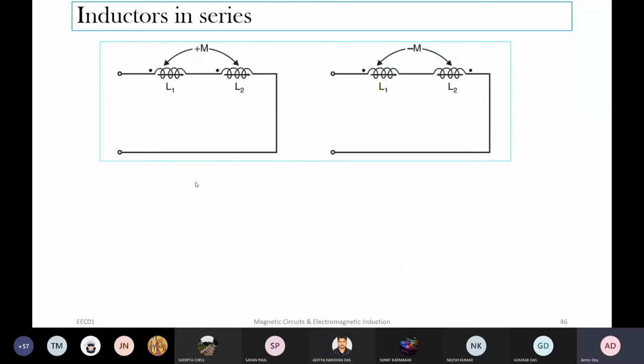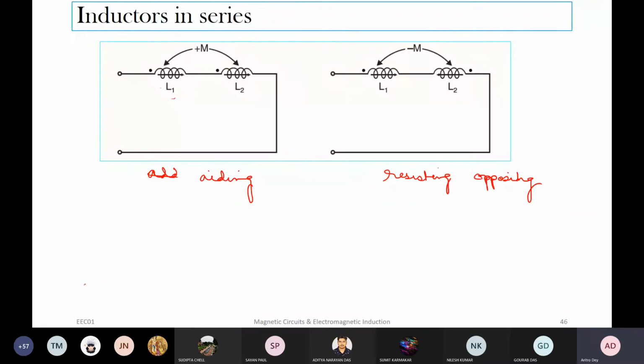Now if we have inductors in series, then there will be mutual inductance between these two coils, as we can see here. So it is aiding and it is resisting or opposing. How come we write like this?